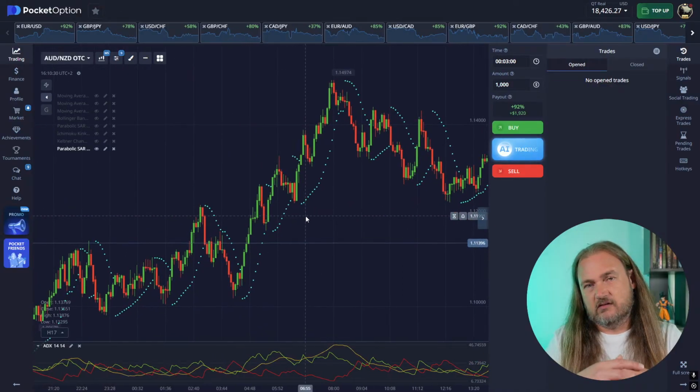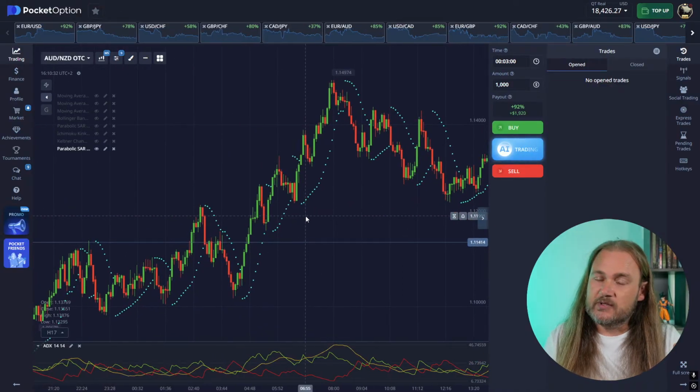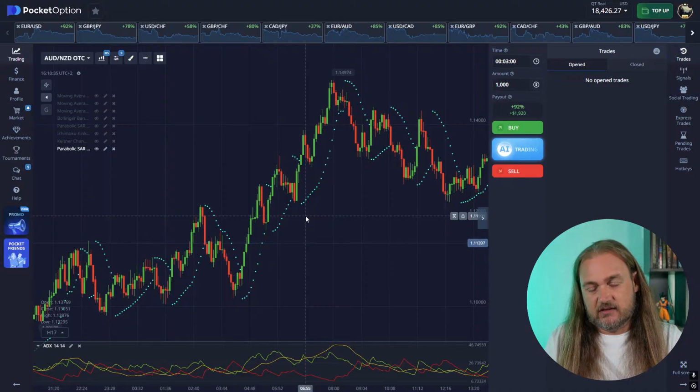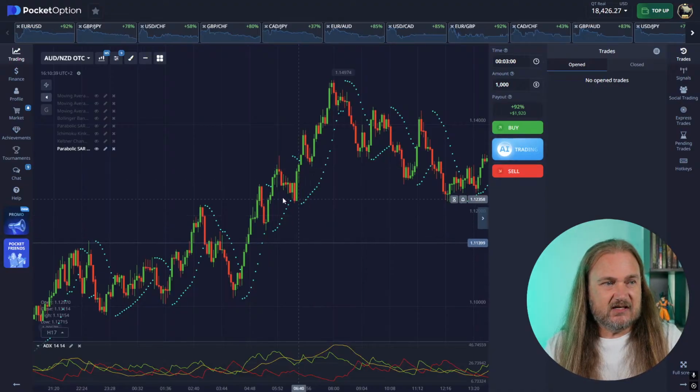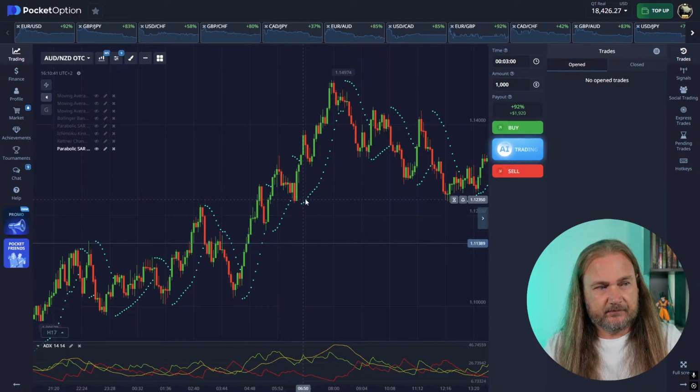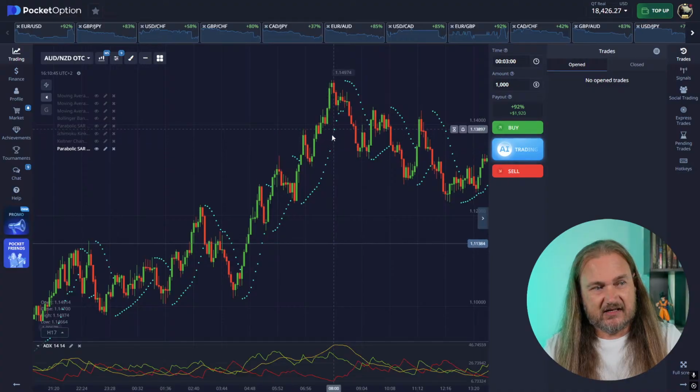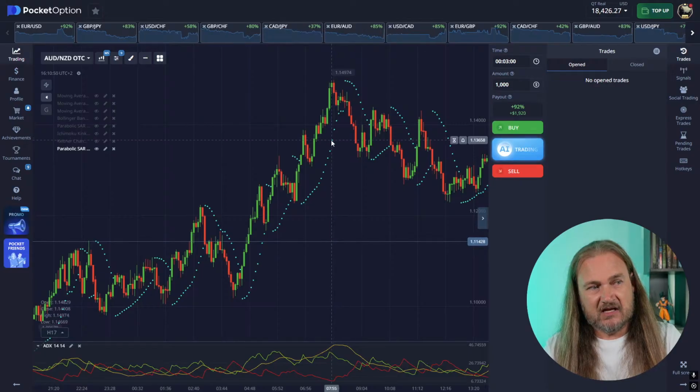The further the price runs in a trend, the closer the parabolic goes to the candles. Every time it starts moving upwards, we can see how these dots start to accelerate. We can see these gaps growing, and they are coming closer and closer to the candles.